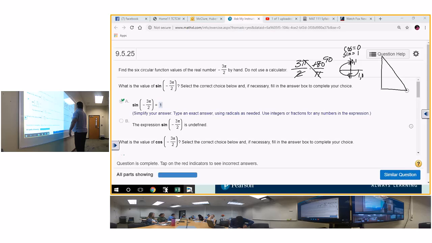We're drawing a triangle. We know this is the sine and the cosine. And this right here means I go 0 in the x direction and 1 in the y direction.